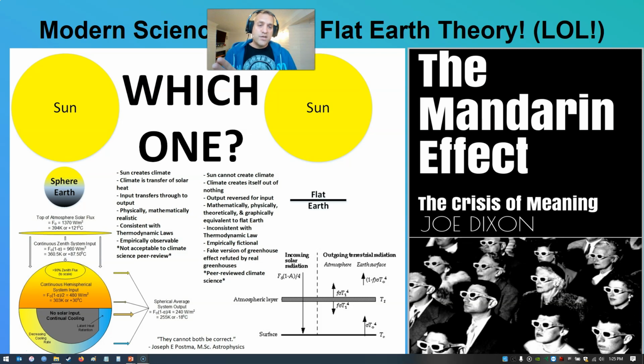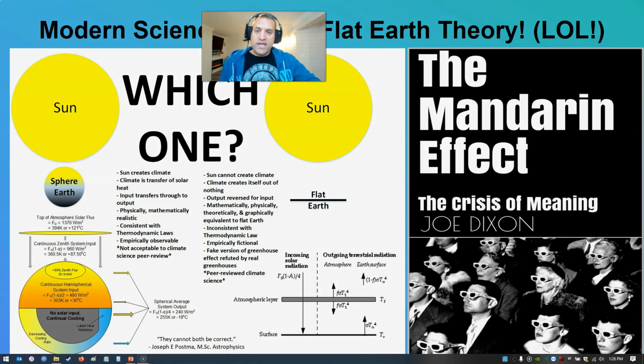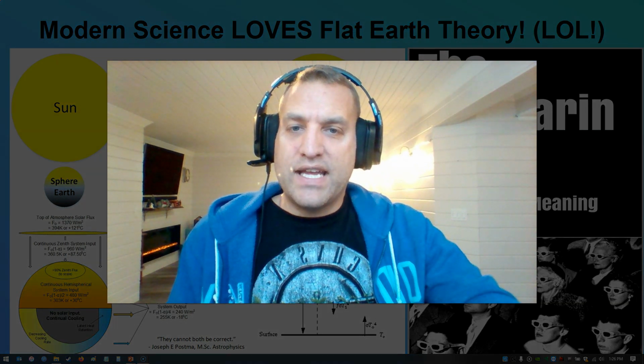This book doesn't talk about flat earth theory and modern physics, or anything that I'm doing, but it just talks about what are these people? Who are they? What is their mind space that can allow them to make such gargantuan, hilarious, and absurd mistakes as they have? This book is excellent. It will tell you in depth all about the psychology of these people and who they are and why they have done what they have done.